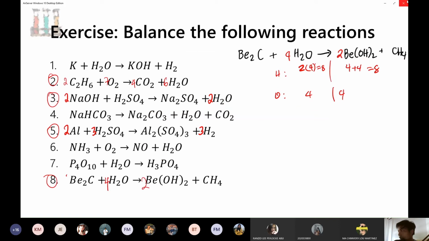So again, when balancing equation, it takes time talaga to master it. Ako kasi, 8 years na ako nagbabalance ng equation. I started chemistry yung junior, wala kasi kaming junior high, senior high before. 2013, third year high school ako nun.